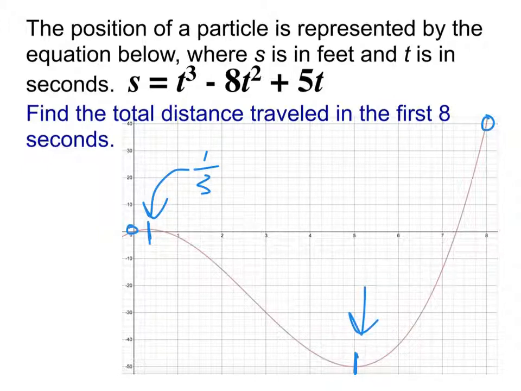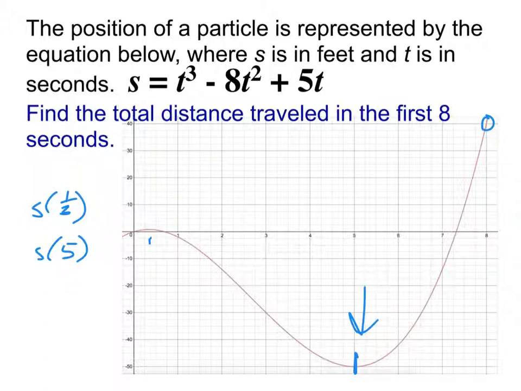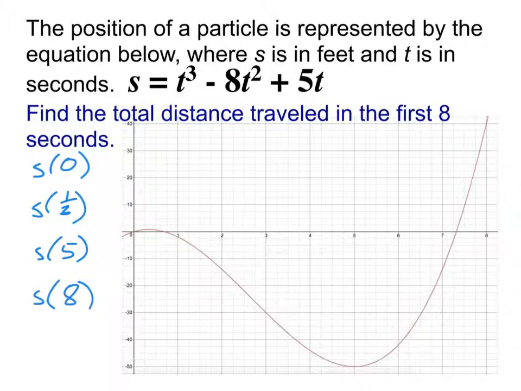So we need to figure out the position at 1/3, and we need the position at 5 to see how far down it went. But if we just stopped there, that wouldn't be enough information, because we also have to go to the end point. So we also figure out what is S of 0 and S of 8, our two endpoints. Each of those is our start point, our end point, and the point where it is at rest.